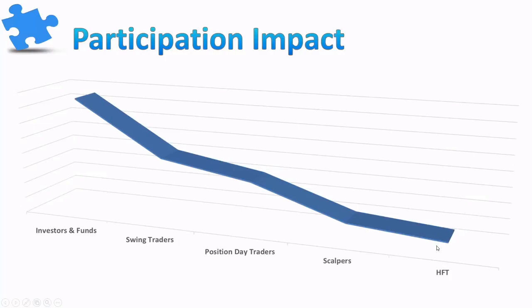Well, an HFT is going to buy contracts and very quickly sell them. So any impact their buying has is negated very quickly by their immediate selling. So if anything, they actually help to stabilize price, make price less volatile, because they provide us with liquidity. So these guys down here, they kind of act as stabilizers on the market.